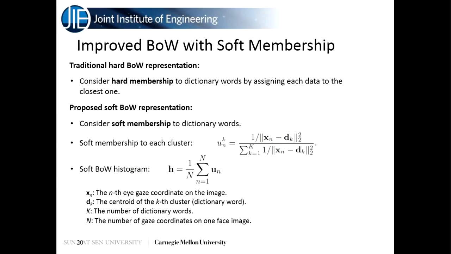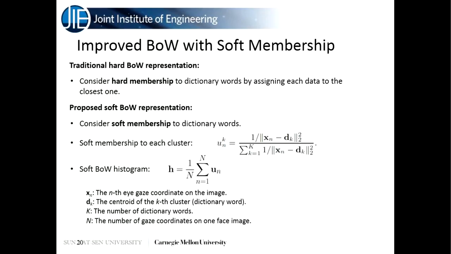Of course, we have also compared the hard bag of words representation, where you count whether the eye gaze falls into a region, a 0 or 1 membership. You can also use a soft membership, where you calculate the posteriors. But here we simply calculate the distance ratios. You can also use a Gaussian mixture model or some other clustering, and then use the likelihood ratio to calculate the membership.